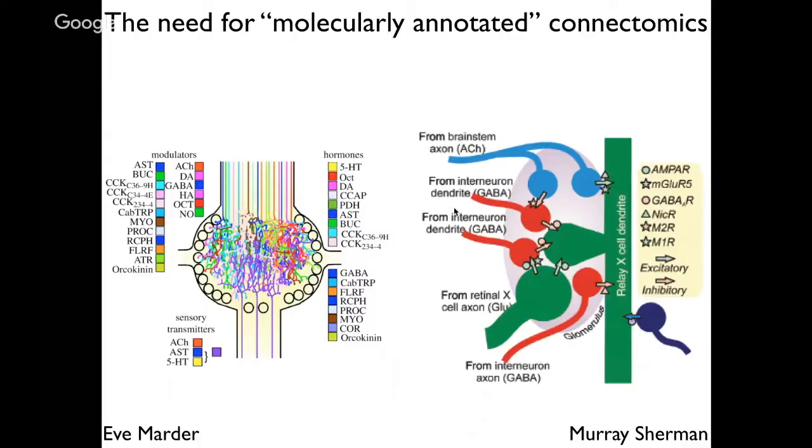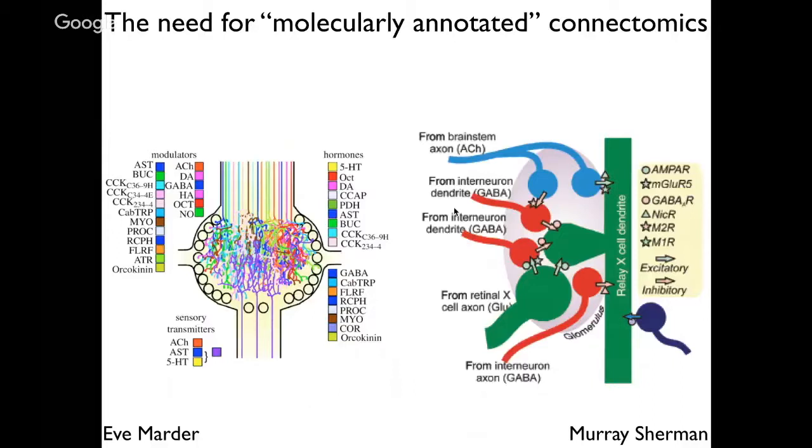On the left here is a slide from Eve Marder, who studies the crab stomatogastric ganglion, a region in the gut of a crab that has about 30 or so neurons, and it actually has more neuromodulatory molecules that affect it, influencing how synaptic transmission works, or how the ion channels in the cells respond in time.